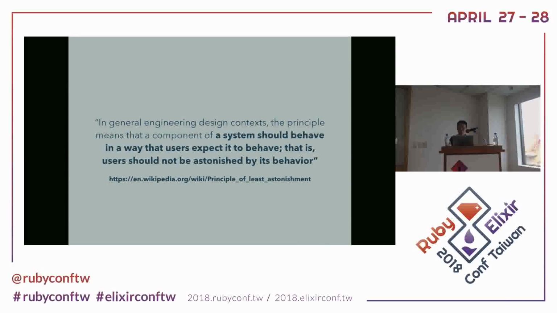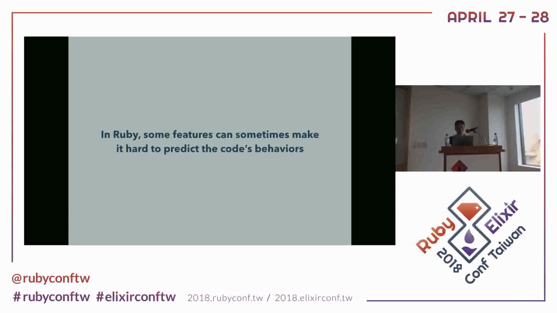According to its wiki page, principle of least astonishment means that a system should behave in a way that users expect it to behave, which means users should not be astonished by its behavior. In Ruby, some features can sometimes make it hard to predict a code's behavior, like monkey patching or method missing.